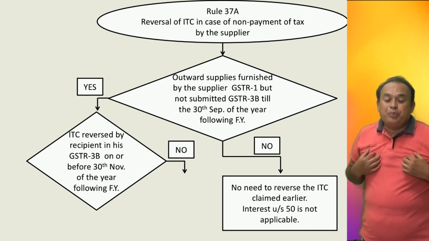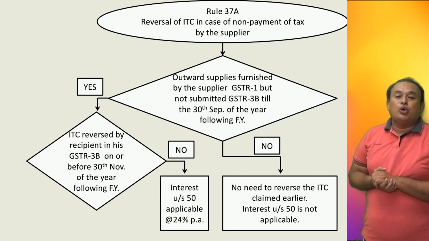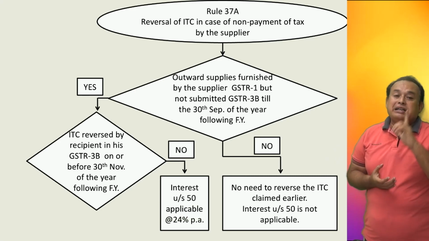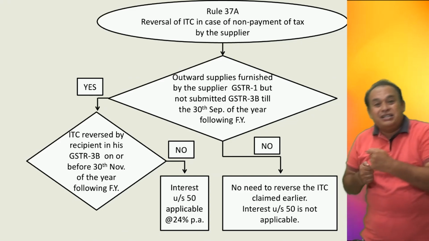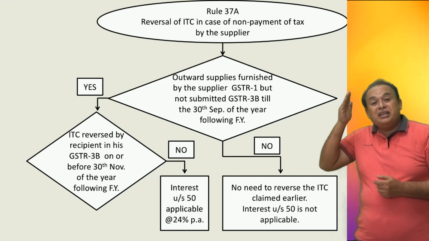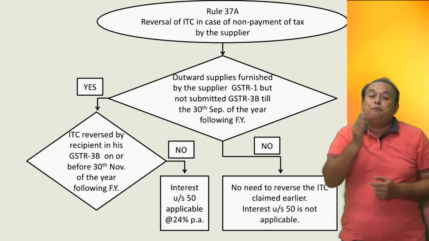Therefore, the recipient is liable for payment of interest also under section 50 at the rate of 24% per annum. This 24% per annum is reckoned from which date? From the date of utilization of input tax credit till the date of payment.